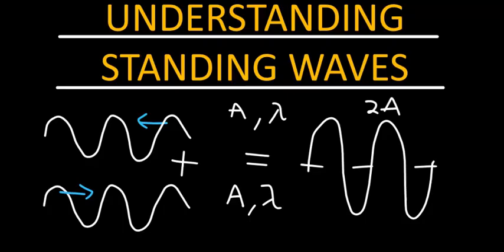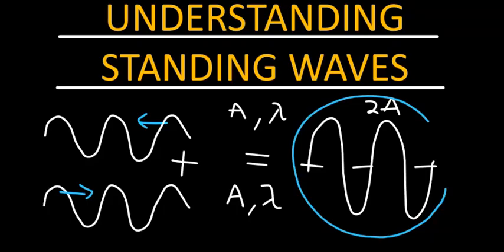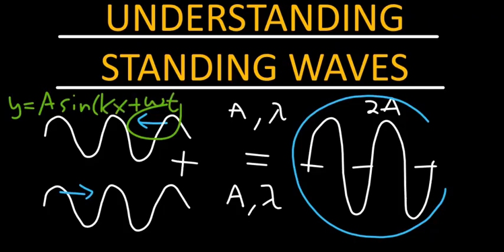Another feature: since they were traveling with the same speed in opposite directions, this resulting pattern is what we call the standing wave. Let's analyze the mathematical aspect of all this. Assume that the wave that is traveling to the left has the following equation: y equals a sine(kx plus omega t).